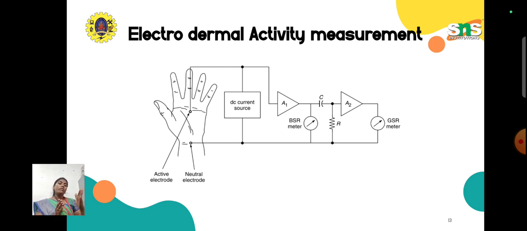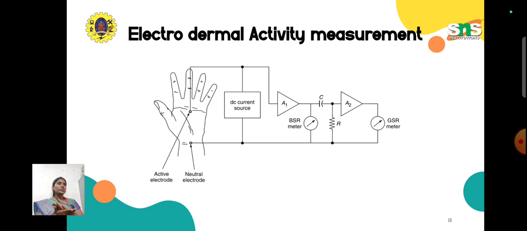You have two stages. One is A1, the amplifier stage for BSR, and A2 is the second amplifier stage for GSR. Let me tell you what BSR and GSR mean. BSR is basal skin resistance, and GSR is galvanic skin response.